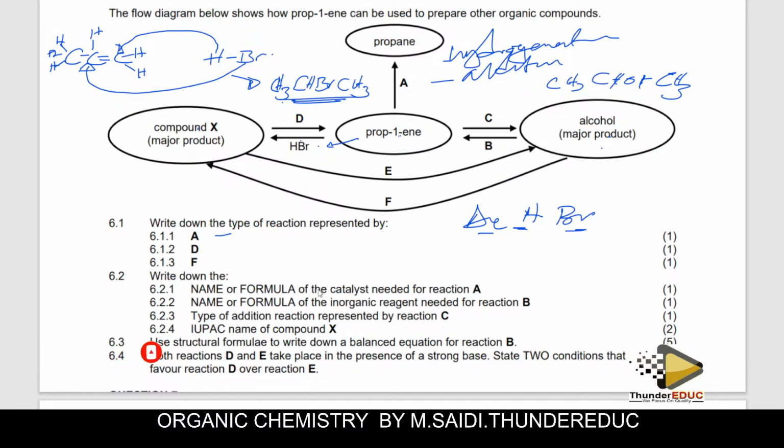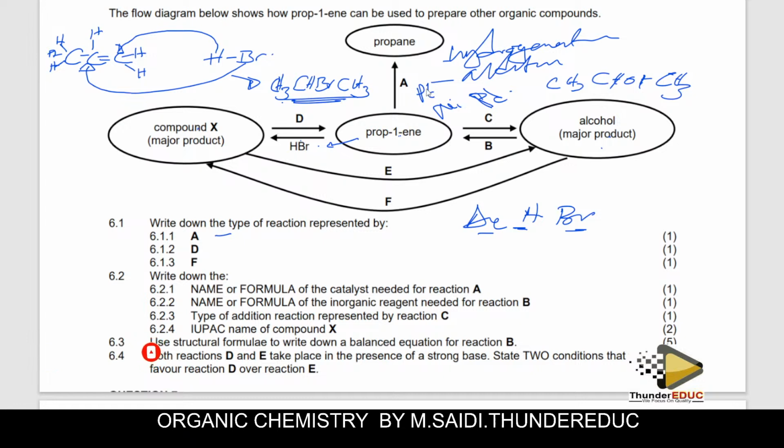Name the formula of a catalyst needed for A. Where is A? Which catalyst? When you are changing from here to there, or here to here, we use the same catalyst. Yes, we use platinum. Platinum is the best, nickel, palladium.